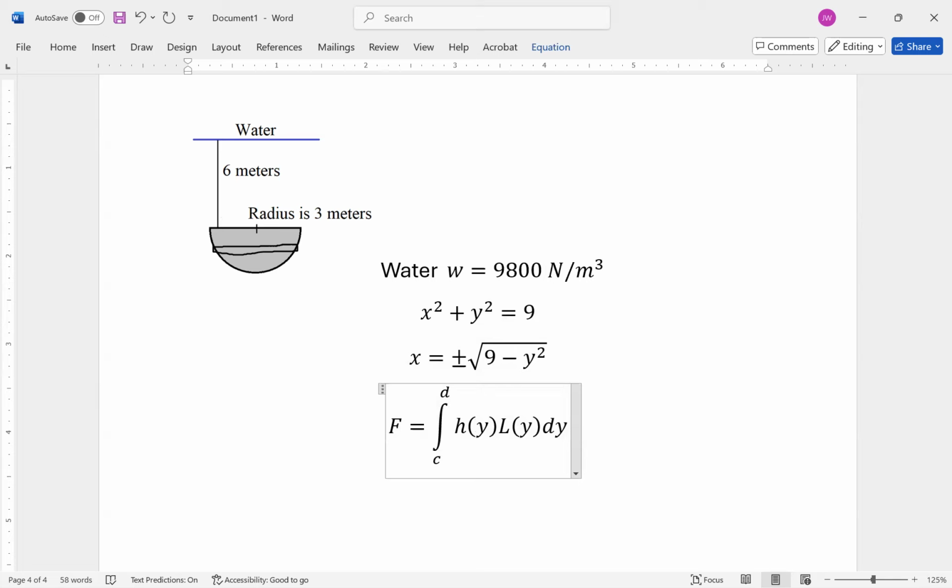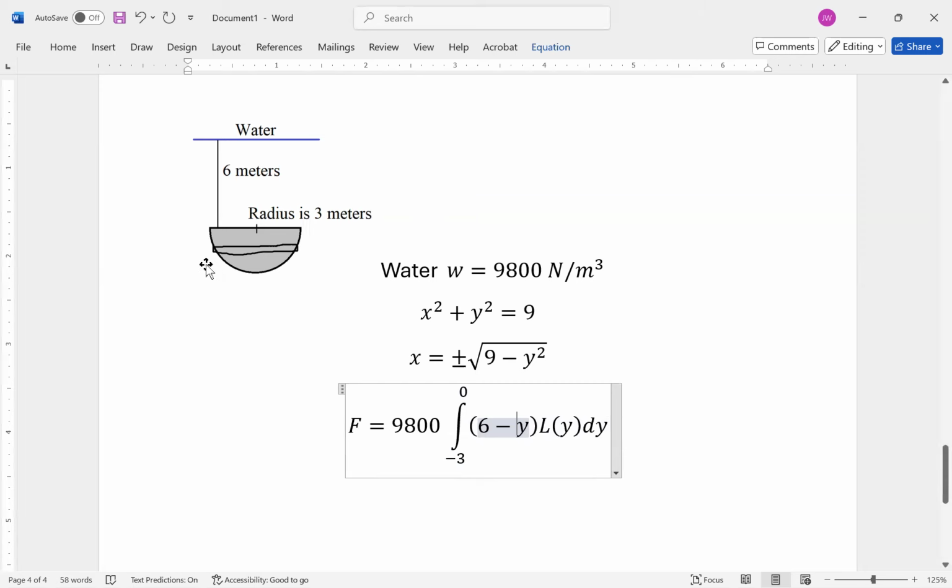Weight density is 9,800. Radius is 3, so the bottom of this semicircle is going to be at -3. The top of the semicircle is going to be at 0. The depth is 6 down to some arbitrary y value.